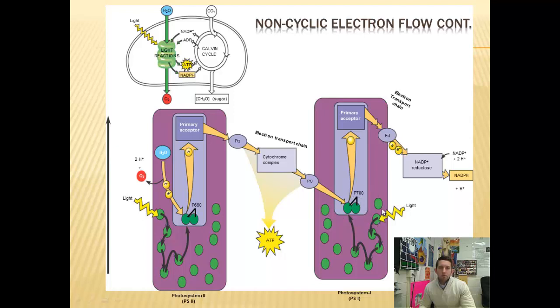Okay, we have photosystem 2. These little green particles are pigment molecules that are going to be absorbing the light. A lot of times when you hear this being explained, you'll hear it taught as photosystem 2 first, and then photosystem 1.